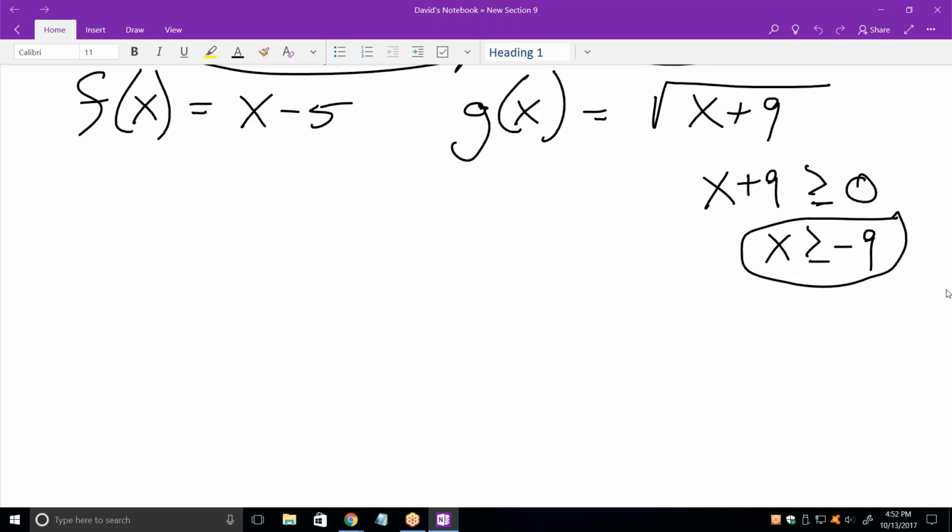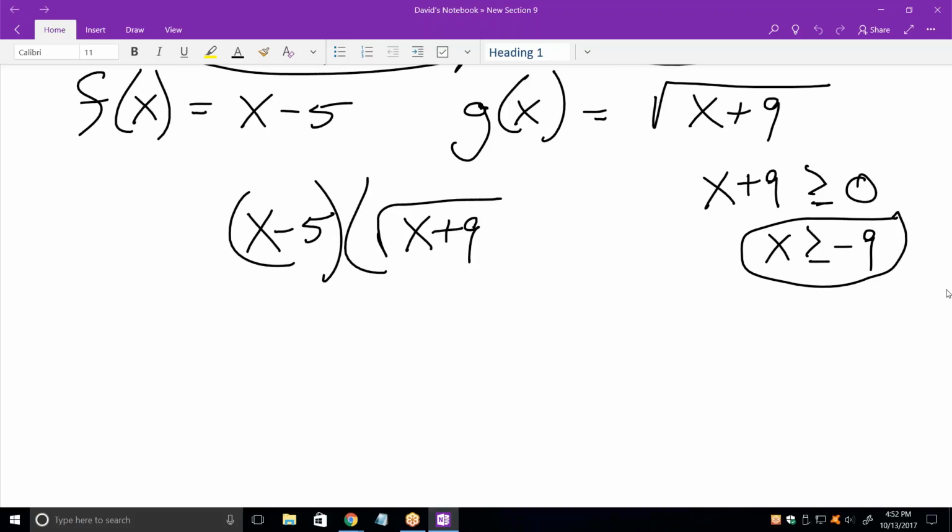And the multiplied one, the multiplication results in this: x minus 5 in parentheses times the square root of x plus 9. Well, I can't actually do that multiplication, and the domain restriction is still the same. In other words, x still has to be greater than or equal to minus 9.